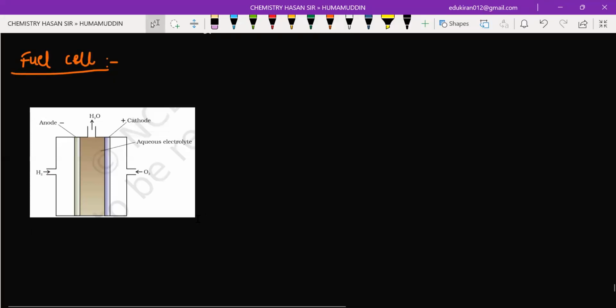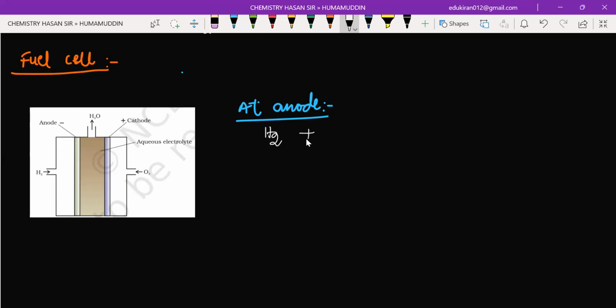Now I'm going for this fuel cell. So this is your fuel cell in which you can easily see the anode, the cathode, and there is H2 on the anode side and O2 on the cathode side. So at anode, oxidation will happen.